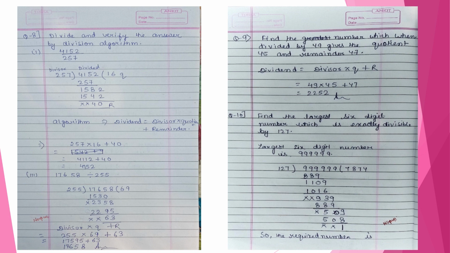Question number 10. Find the largest 6-digit number which is exactly divisible by 127.